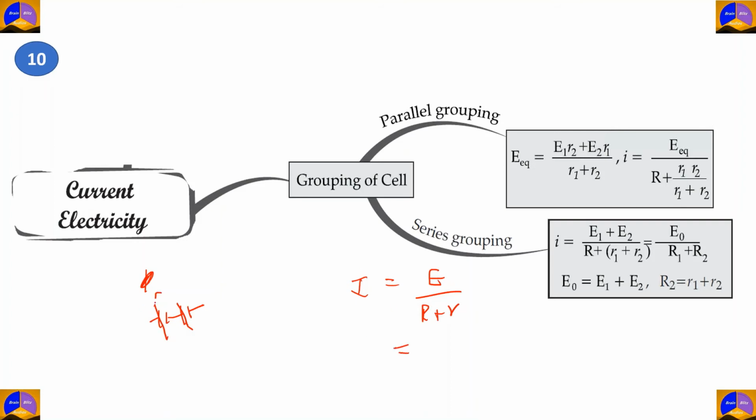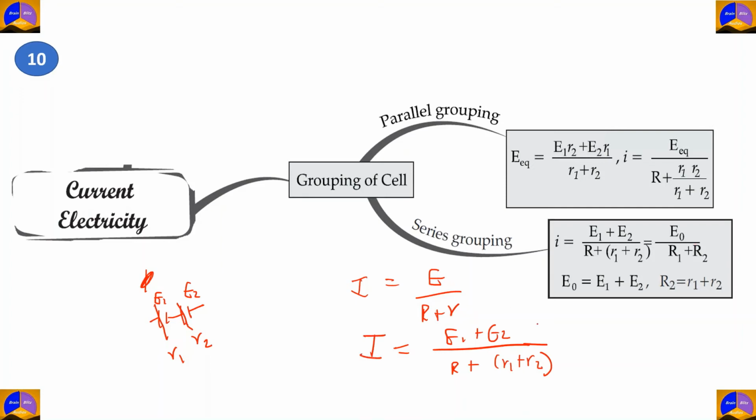Therefore, they would have two values of E, E1 and E2, two values of internal resistance, r1 and r2. So therefore, we'll get the formula E1 plus E2 divided by R plus r1 plus r2.